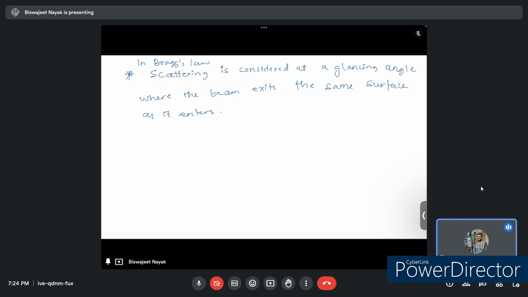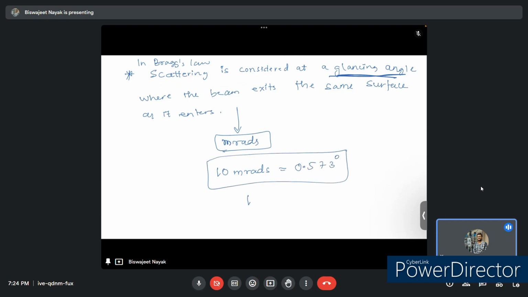So this glancing angle is in the order of milliradians, or the conversion to angle is given by 0.573, or we can approximate 10 milliradians to 0.5 degree.